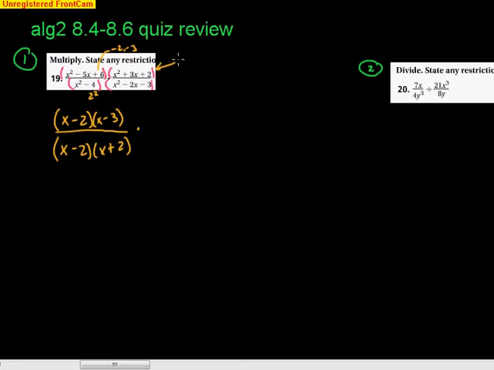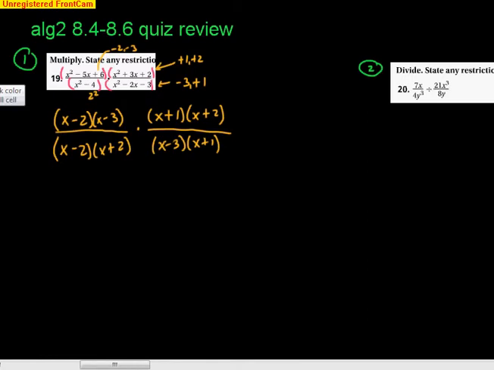Factors of 2 that make positive 3 are positive 1 and positive 2. So (x plus 1)(x plus 2). And now the last denominator, x squared minus 2x minus 3. Factors of negative 3 that make negative 2 are negative 3 and positive 1. So (x minus 3)(x plus 1).